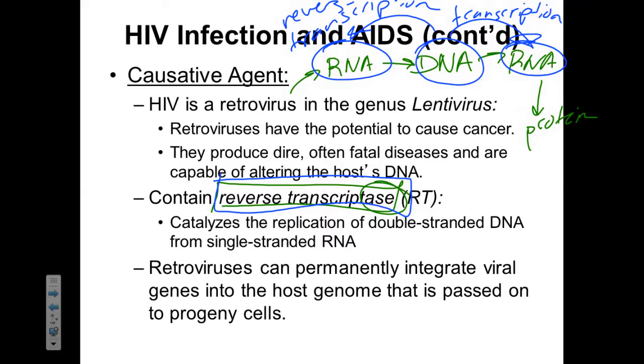Our retroviruses are going to permanently integrate their viral genome into the host genome, which means that even if there are no virion particles free-floating within the host, because that virus has integrated its genome into the host genome, it can reemerge and remanifest itself several generations of progeny cells later.